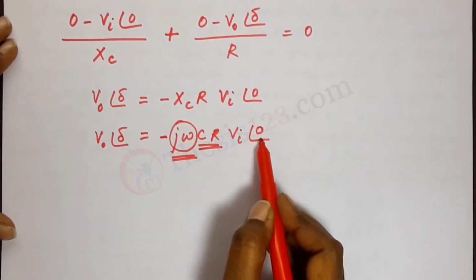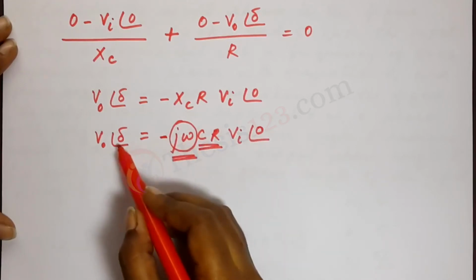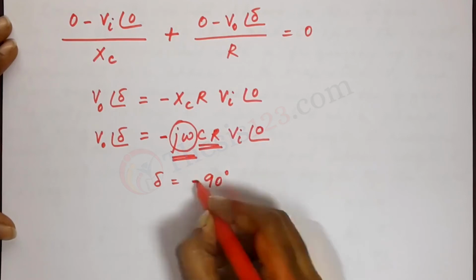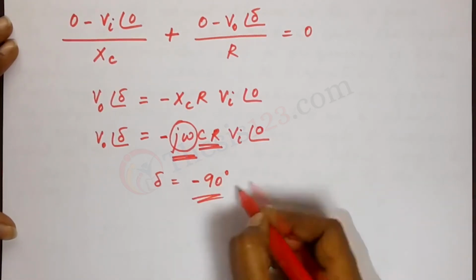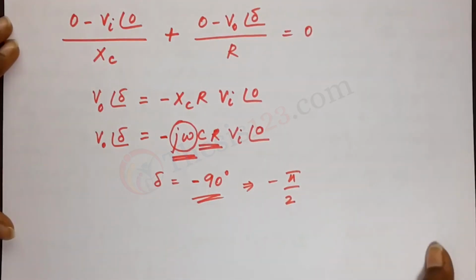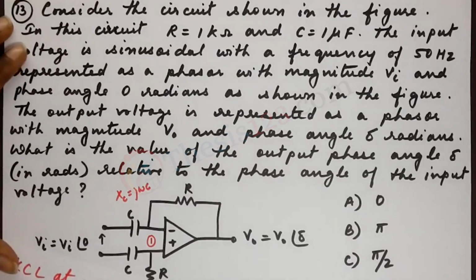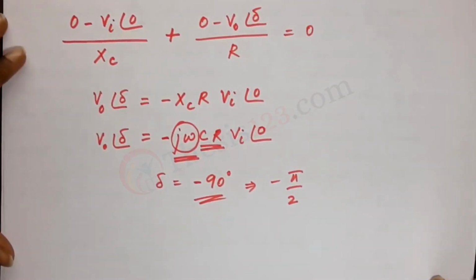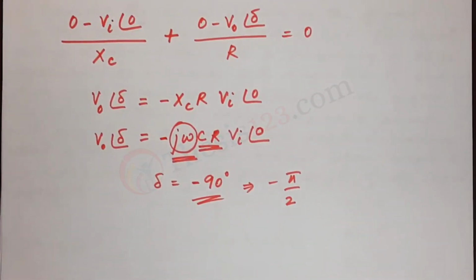If Vi is 0, then because of minus J omega here, delta would be minus 90 degrees, which is minus pi by 2. And minus pi by 2 matches option D here. So D is the final answer.